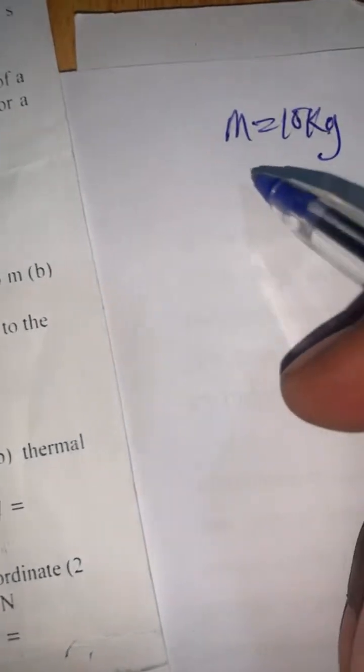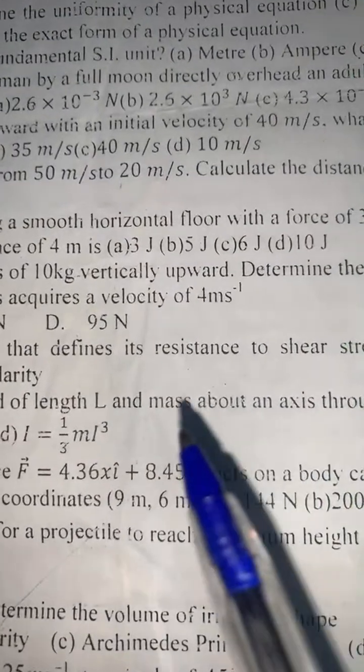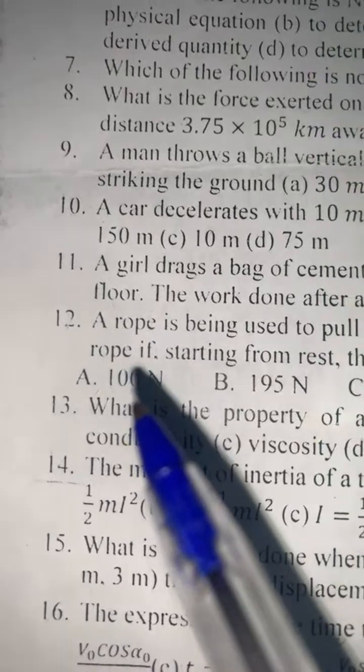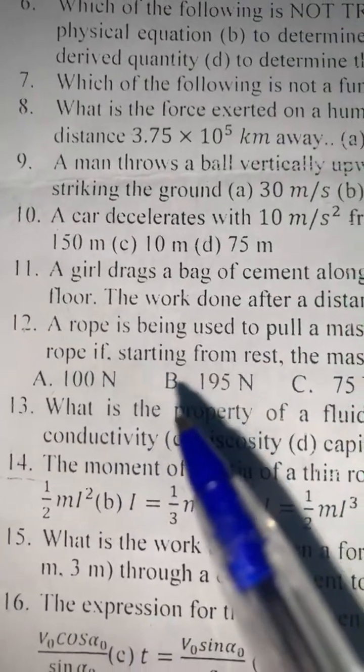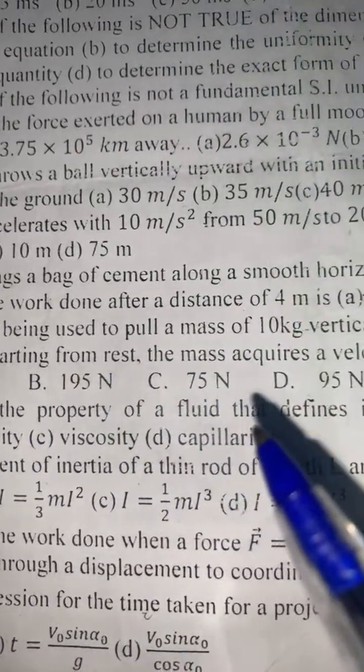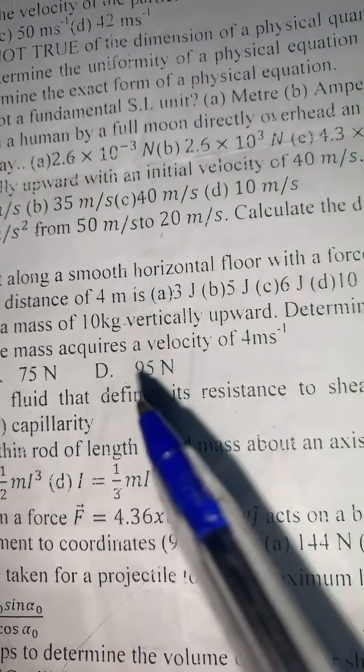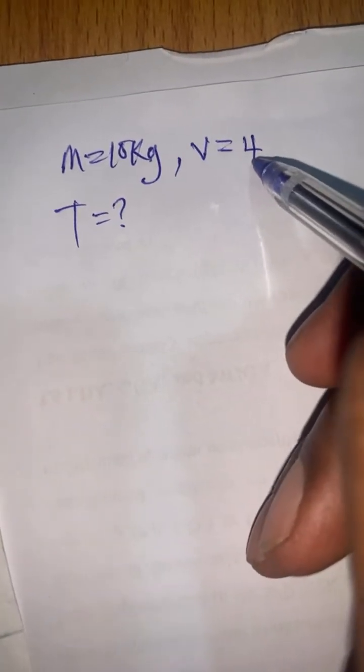Okay, we are looking for tension. Determine the tension in the rope if, starting from rest, the mass acquires a velocity of 4 meters per second.